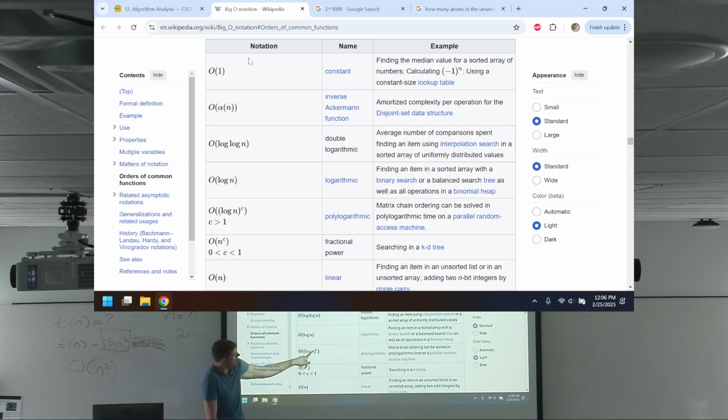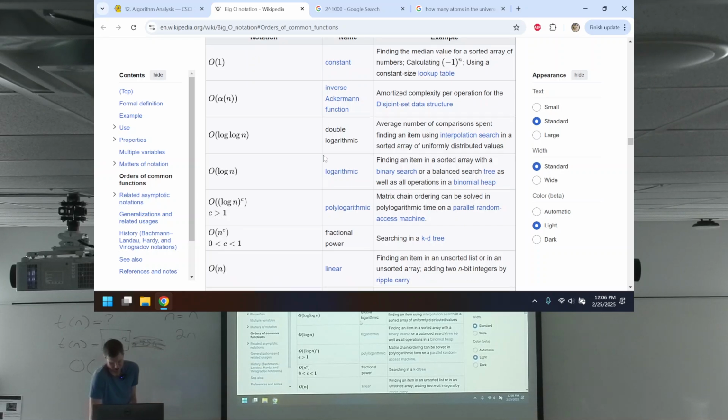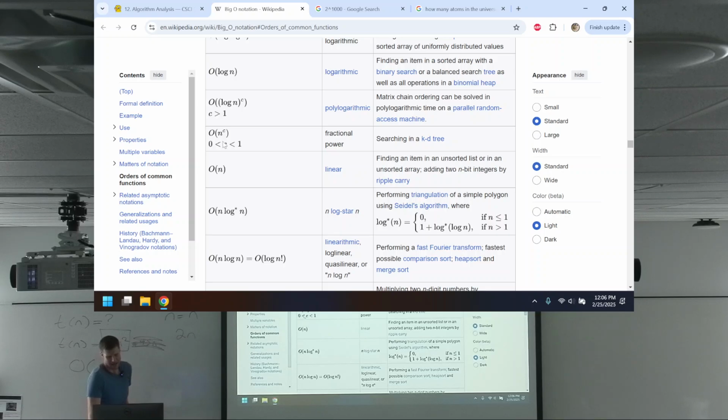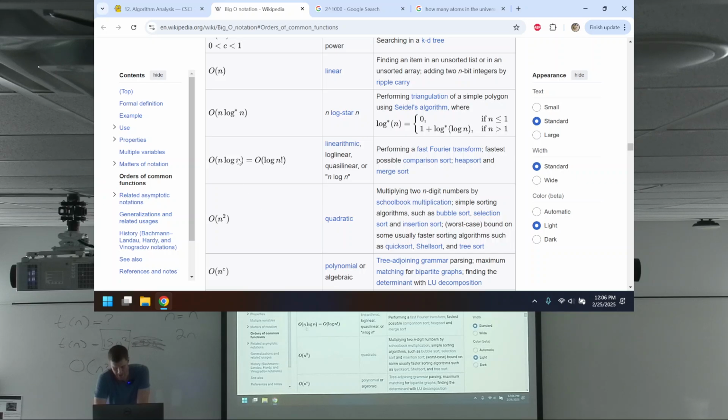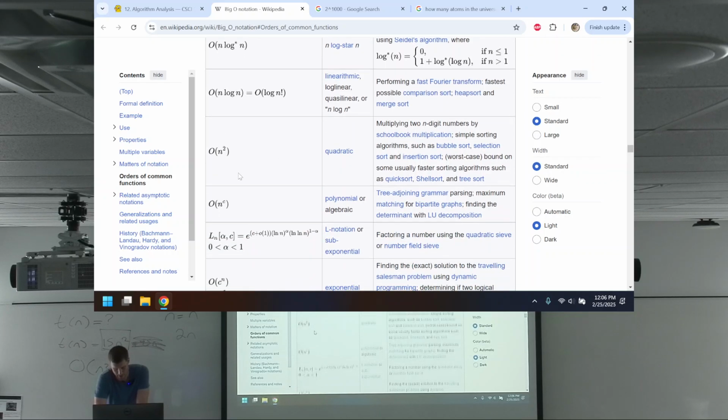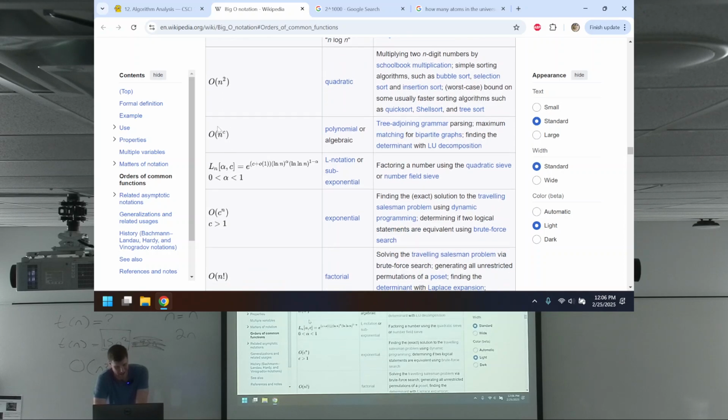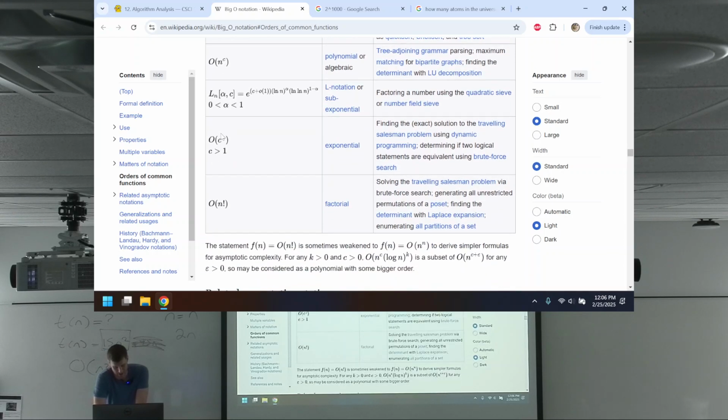And then we have this log to some constant. You don't really see that very often, for ours at least. And then n to the power of some constant less than 1, linear, n log n, n squared, n to some constant, c to the n, and then n factorial. That's a bad one.